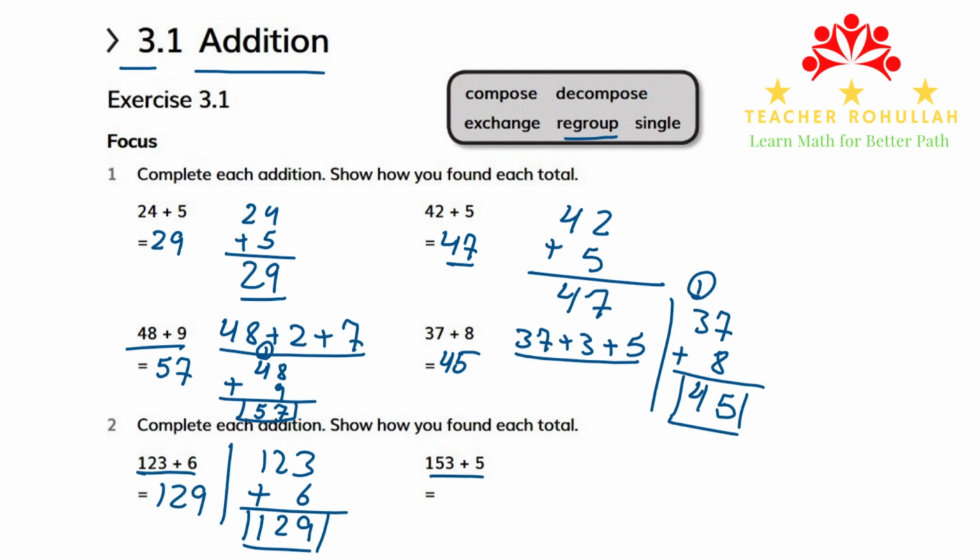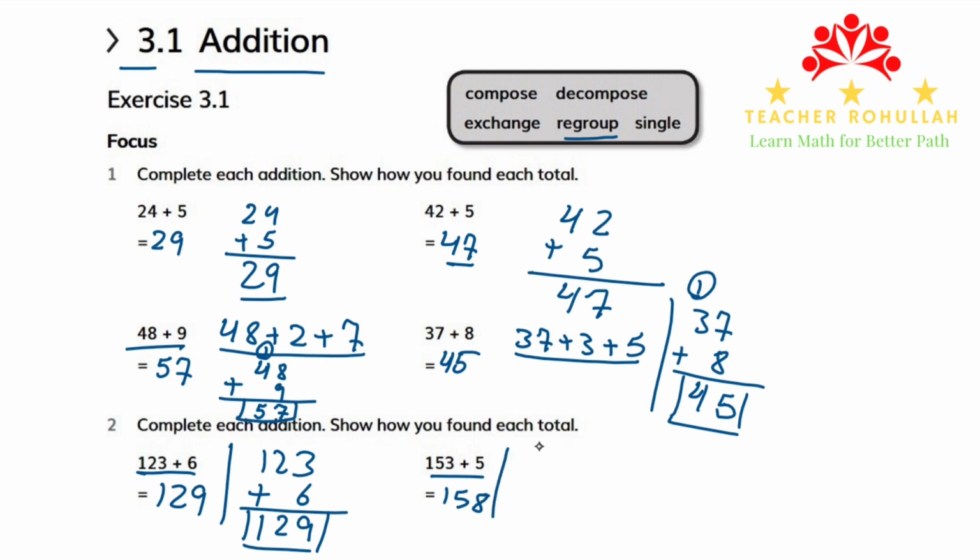We have 153. If we count on 5, we will get 158. If we start from 53 and count on 5 numbers: 54, 55, 56, 57, 58. It means if we add 153 and 5, we will get 158.